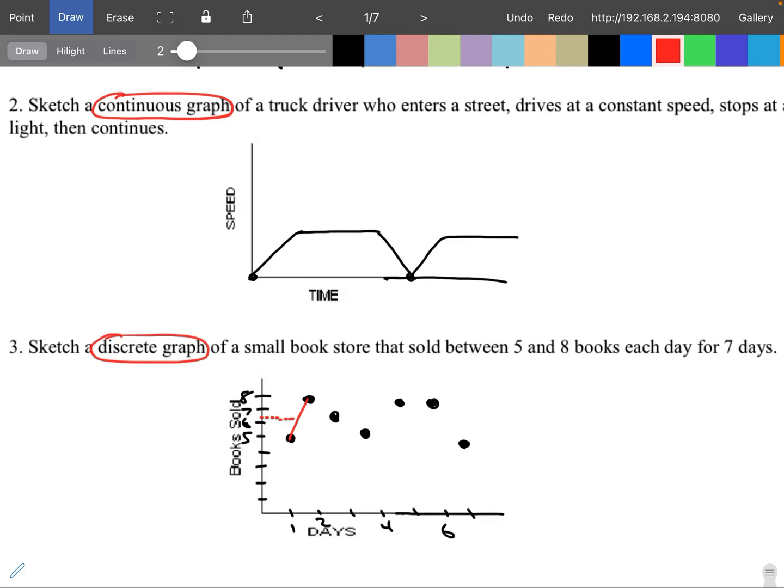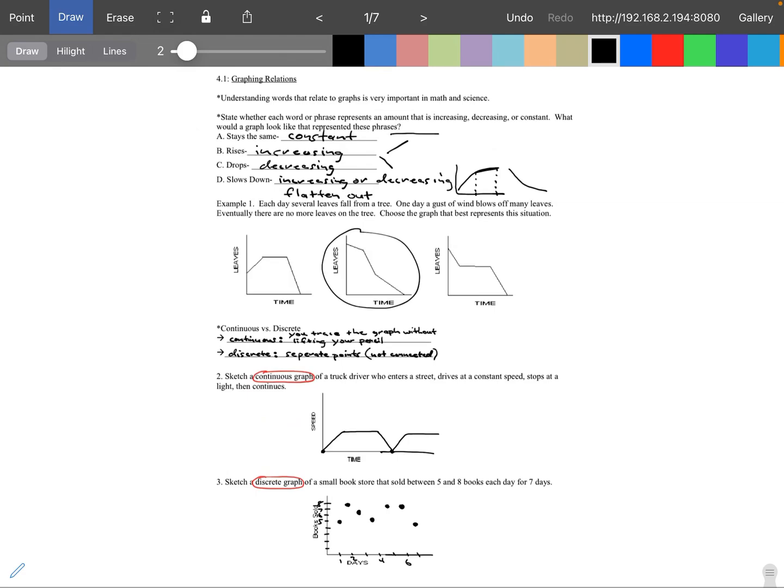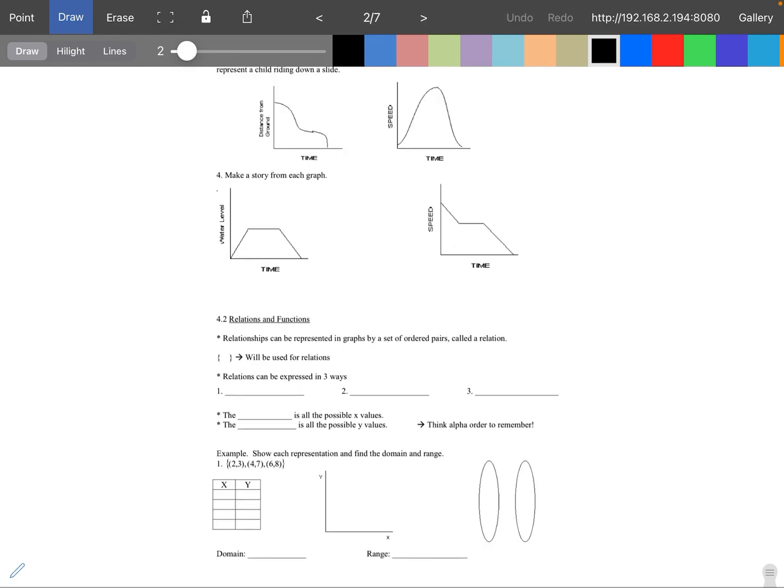Because you can't buy or you can't sell 6.5 books, right? There wouldn't be a point there. So let me undo that. All right, so that's definitely a discrete graph. It's separate points. You guys good with that? So definitely don't connect the dots on that one.